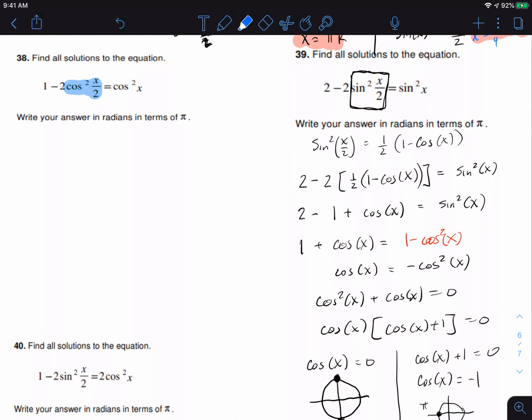You'll attack it the same way in order to be able to solve this problem. I'll actually give you guys time to do this problem, and I'll work it out for you guys next time.